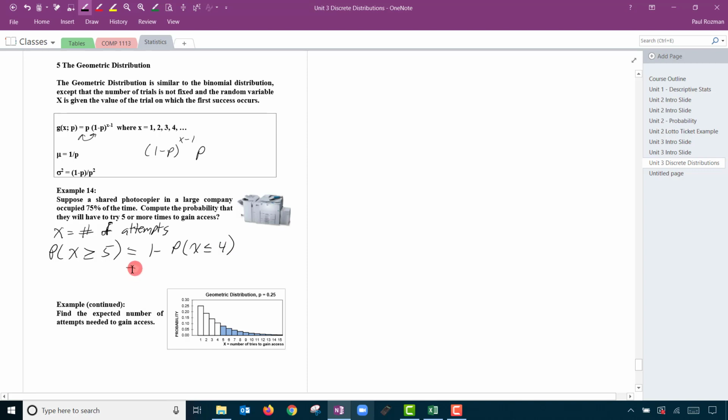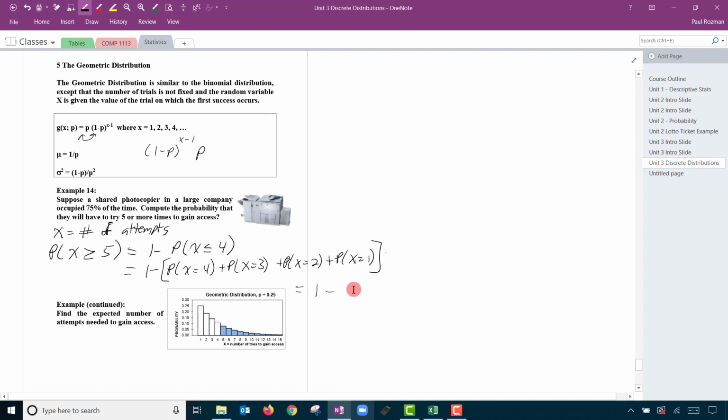So, it's 1 minus the probability that we have exactly 4 tries, or it takes me 3 tries, or it takes 2 tries, or it takes 1 try. I guess it can't take no tries. So I need to do that formula, this 4 times. So there's a 75% chance that I'm successful.